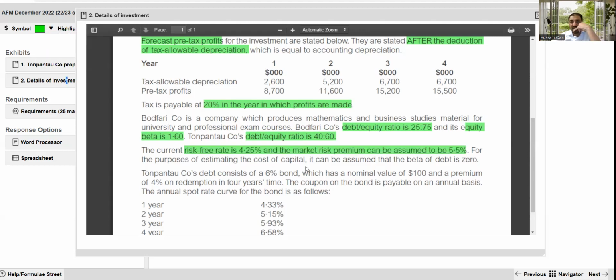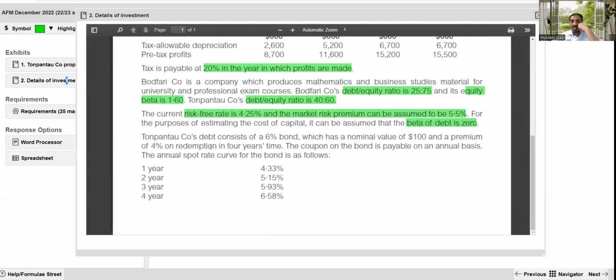For the purpose of estimating cost of capital, it can be assumed that the debt beta is 0. Tonpantau's company's debt consists of 6% bonds. 6% is the coupon rate. Nominal value $100 and redemption at a 4% premium in 4 years' time. And the coupon on the bonds is payable on an annual basis.